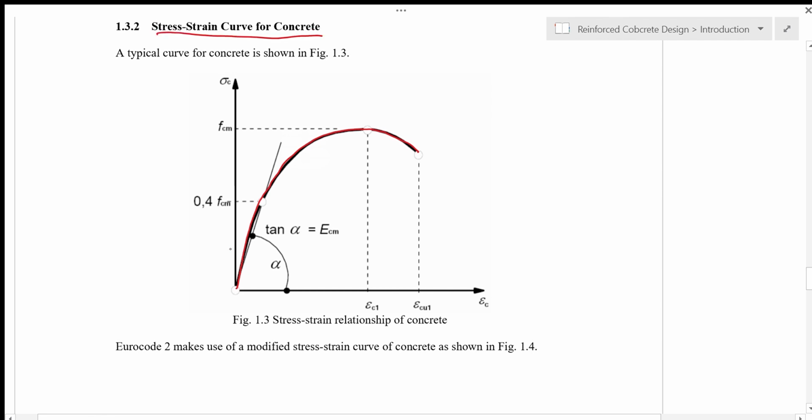This tangent here defines the Young's modulus of the concrete, ECM. This is the slope of the tangent, which is the Young's modulus of the concrete.